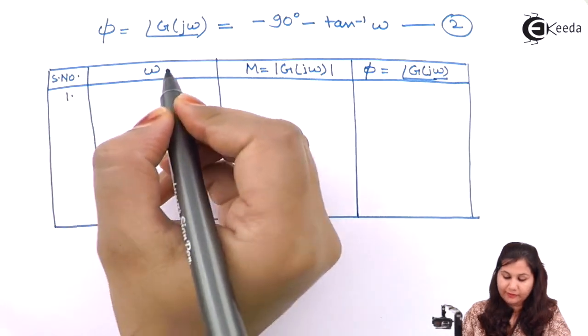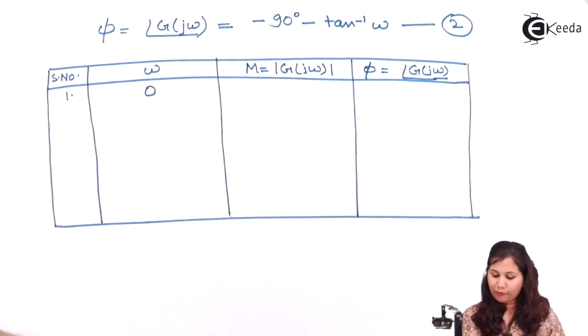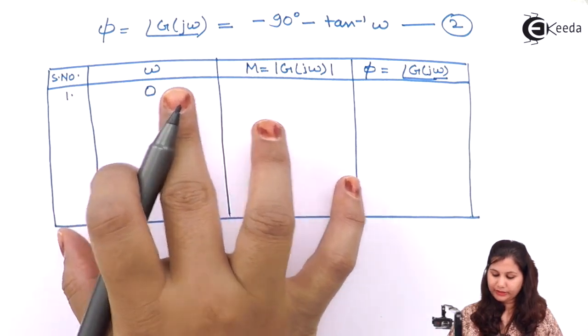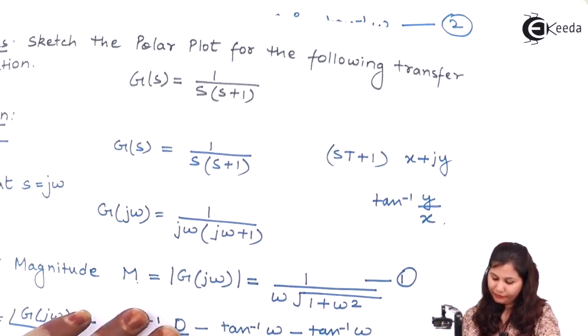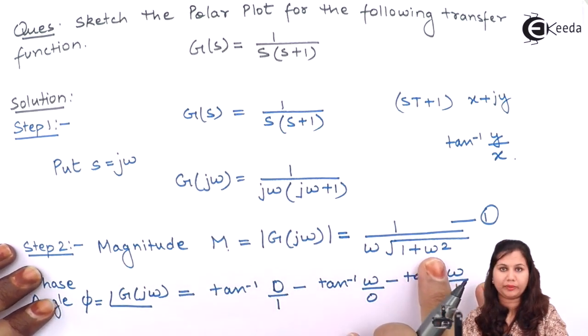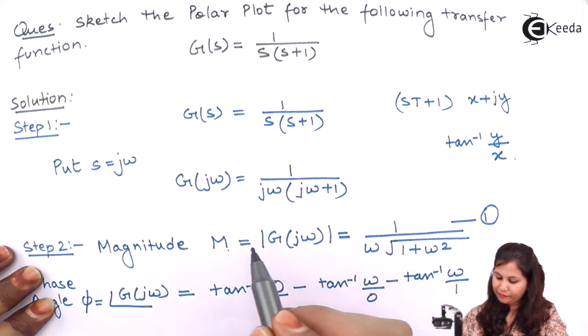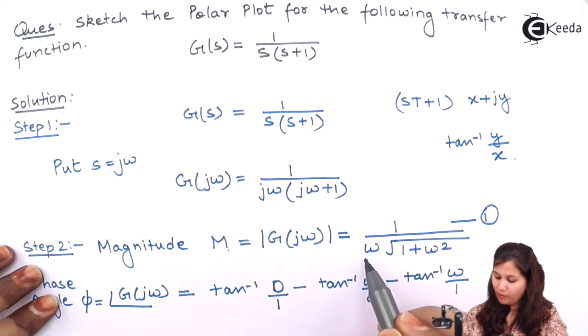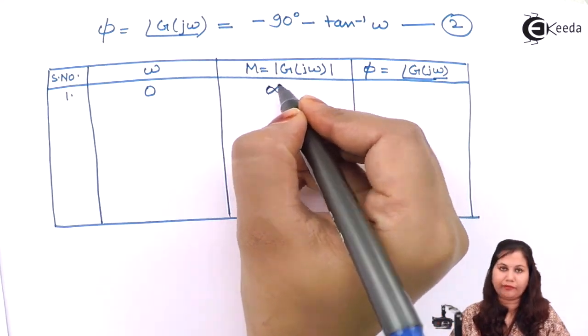Now first take the value of omega as 0. Put this 0 in the magnitude and the angle expressions. Magnitude is 1 upon under root of 1 plus omega square, so putting 0 here, the magnitude will be infinite.